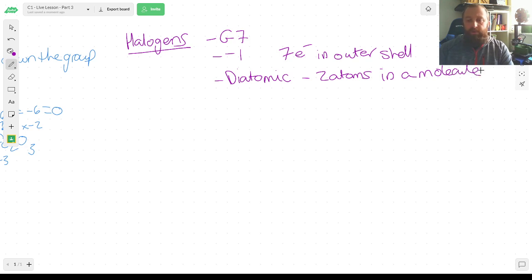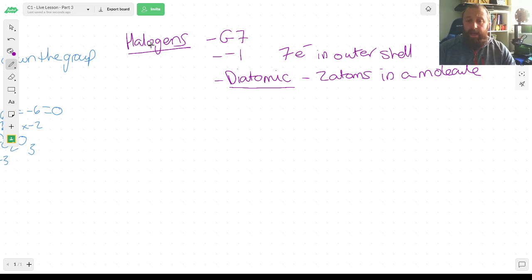And we'll look at the structure of those molecules when we do covalent bonding in Chemistry 2. But because they're quite reactive, because they need to gain 1 electron, they don't really exist in nature as single atoms like the noble gases do. They will exist as these diatomic molecules floating around, and then they'll react from that diatomic molecule. Okay? So you need to be aware of what this word means. It is a key word. It is a definition that you need.